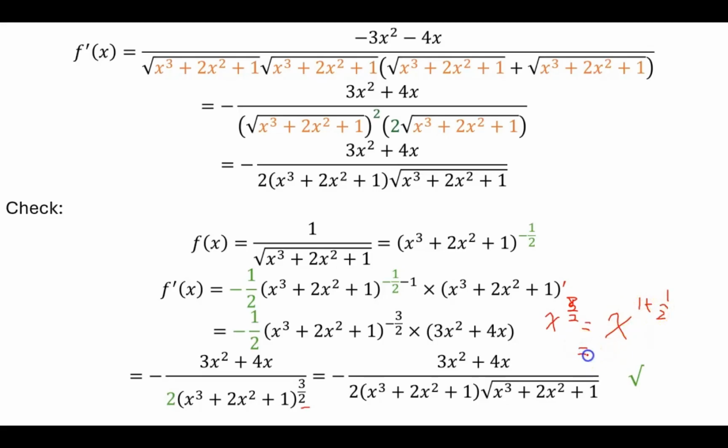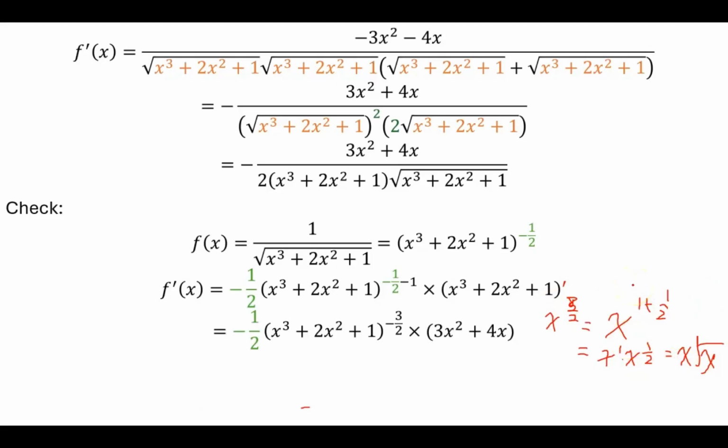So it's the same as x to the power of 1 times x to the power of 1/2. And as you know, x to the power of 1 is just x. You don't need to write the power of 1. And x to the power of 1/2 is just the square root of x. So this useful identity, anything to the power of 3/2 is just the thing itself times the square root of it. But anyway, you have done this question.